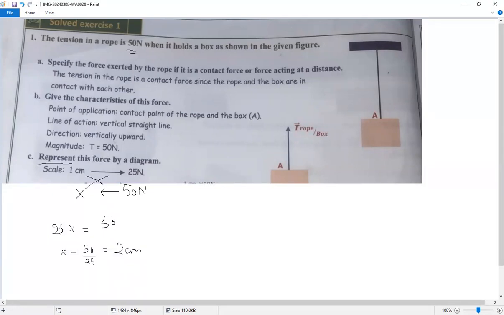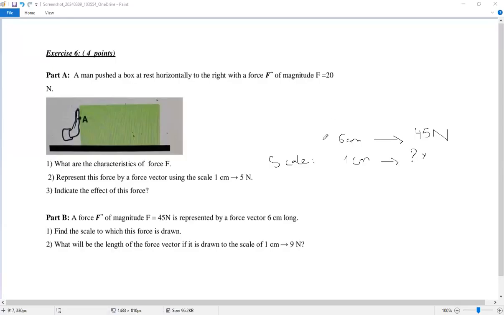Okay. Now let's see another example. Here they gave us the magnitude of the force, okay, a force of magnitude F equals 45 Newton, and it is represented by a force vector 6 centimeter long.